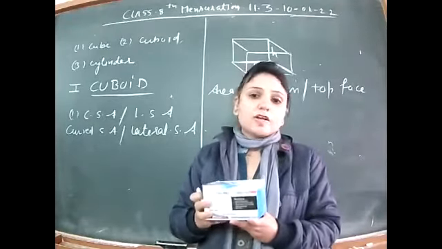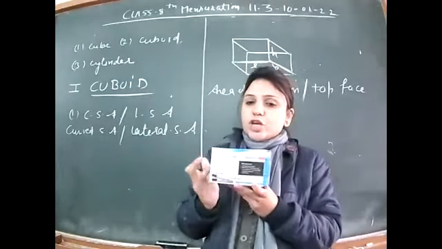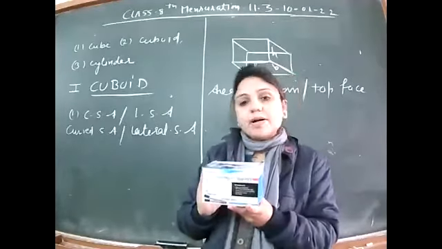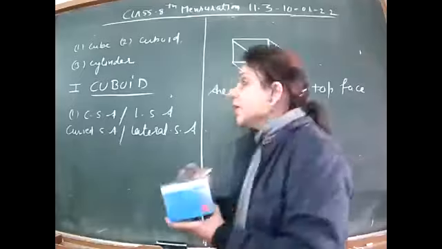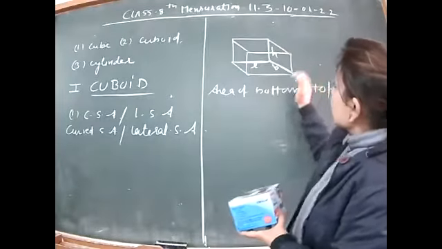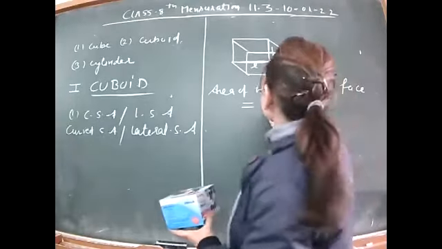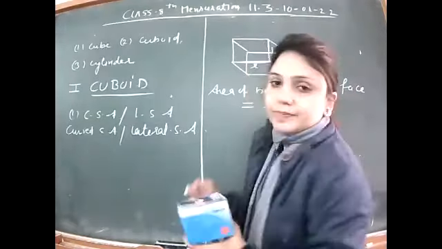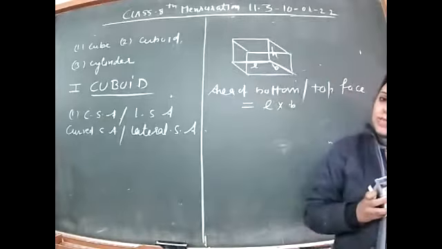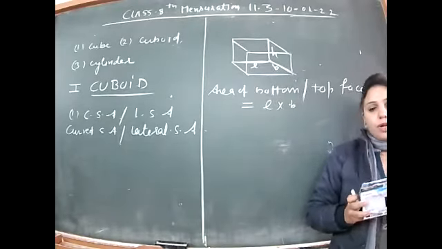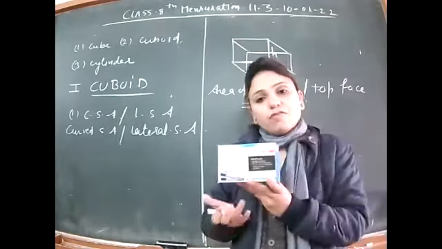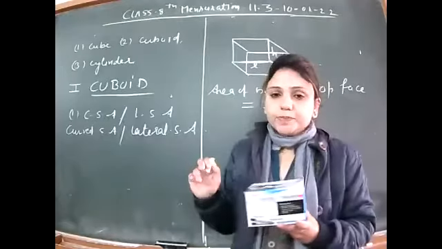It is rectangular in shape. हर एक फेस की शेप जो है क्यूबॉइड के केस में हमारे पास रेक्टेंगल होती है. Right? So bottom और top face की अगर area की बात करें, rectangle है तो rectangle की area length into breadth, that is L into B. Right? तो वहां पे हमारे पास L into B जो है वो formula हो गया. Bottom and top face में L and B include है.